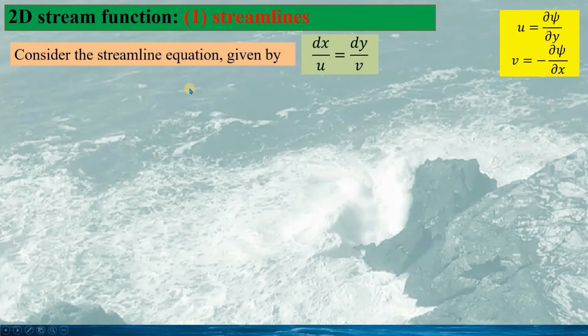Here we consider the 2D streamline equation, which is given as this: dx divided by u equals dy divided by v. So this can be written as this.